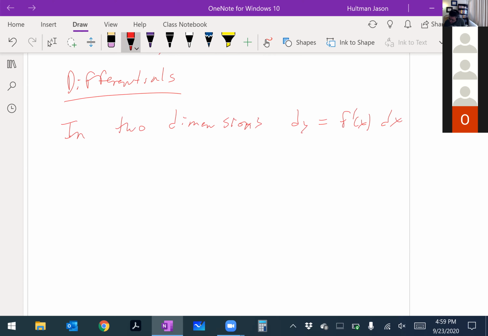And we would say that delta y, the change in y, is approximately equal to f prime of x times the change in x. So this is the slope, right? The change in y for a linear approximation over the change in x is approximately the slope of the tangent line.